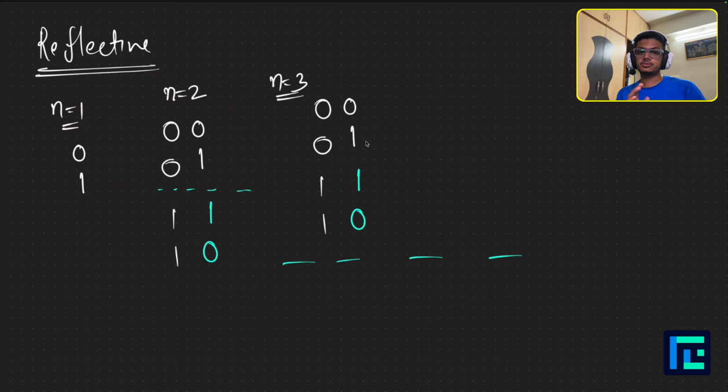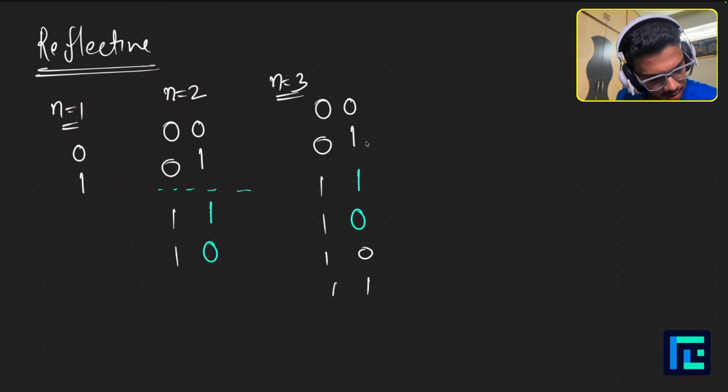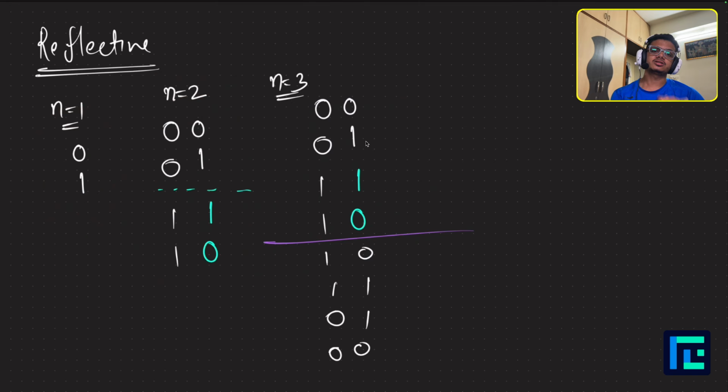If you look at it from the bottom, what do you see? You see 0 1 1 1 1 0 0 0. In a way, mirroring is just like reversing. If you put a mirror here, it's like you are just seeing it in reverse. So this reversed list is what I have put here.